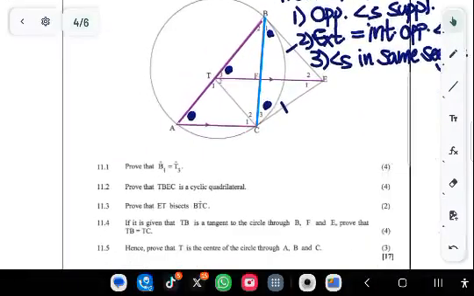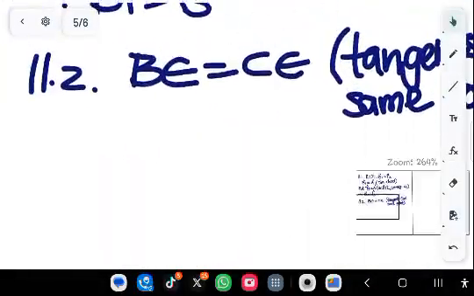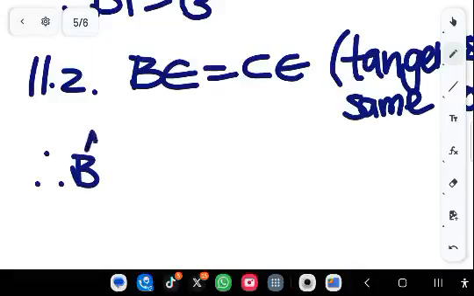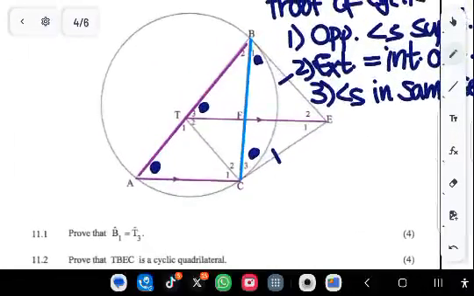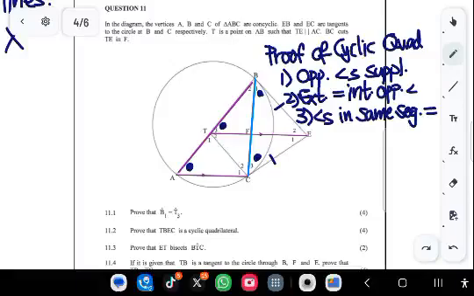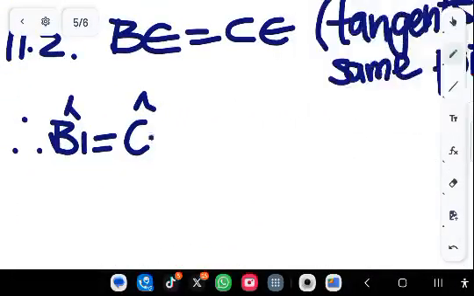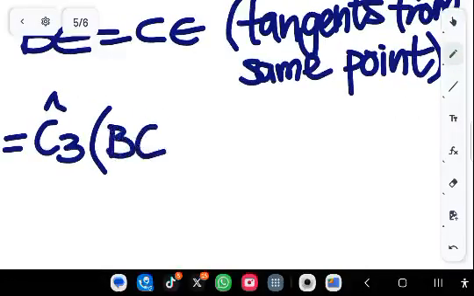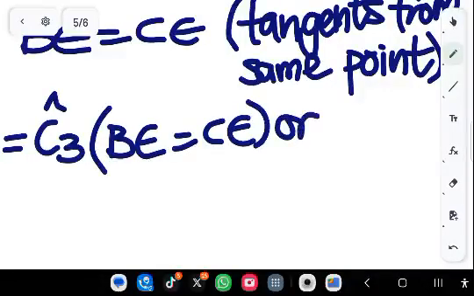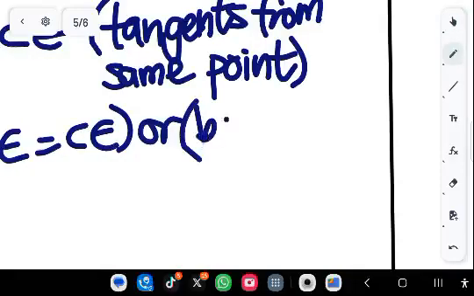Therefore B1 equals C3, and the reason is you can just say BE equals CE, or you can say base angles isosceles triangle.